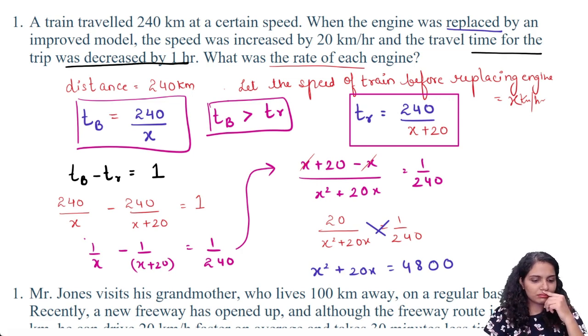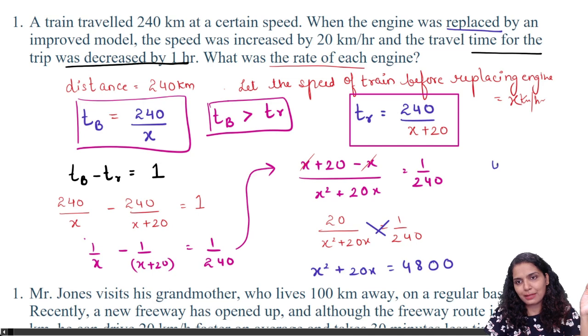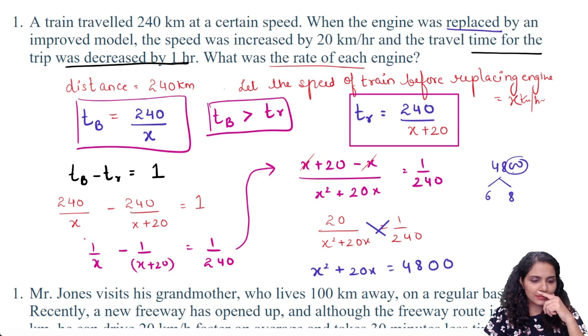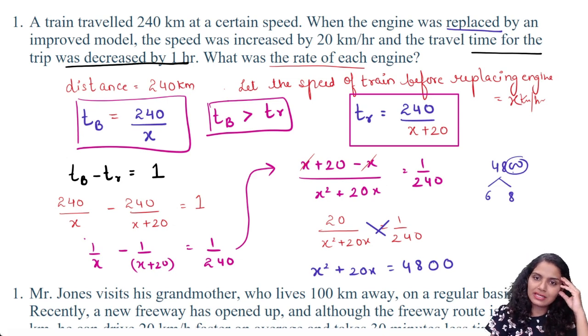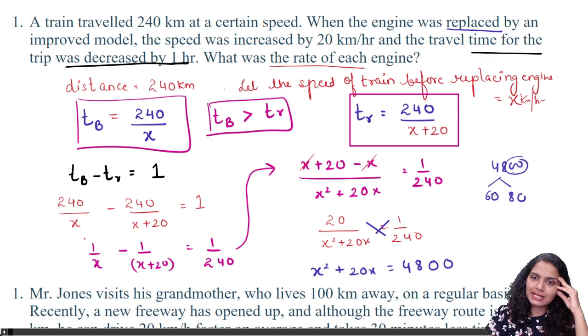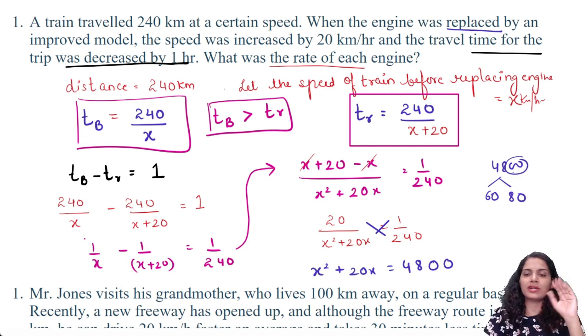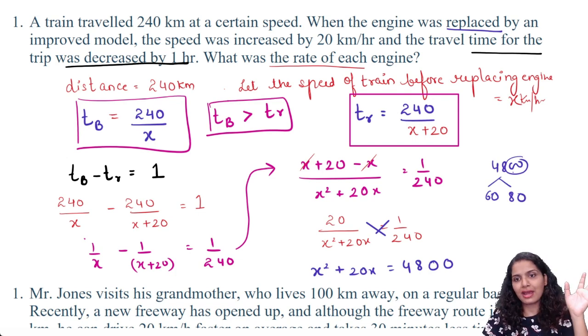I think I can help you with just the numbers. Don't take these two zeros, take these only. 6 8s are 48, and I can take the 0 0 and actually have 60 and 80 as numbers whose difference is 20.